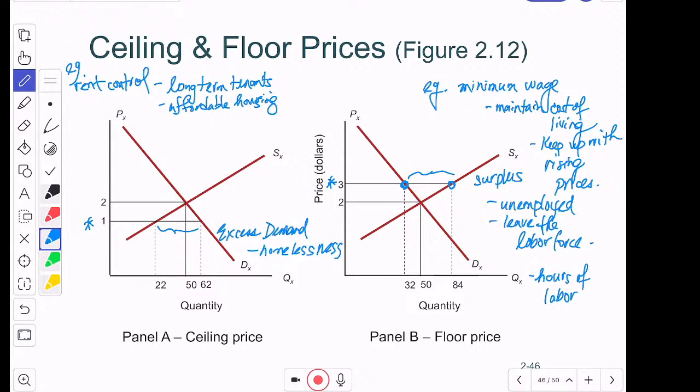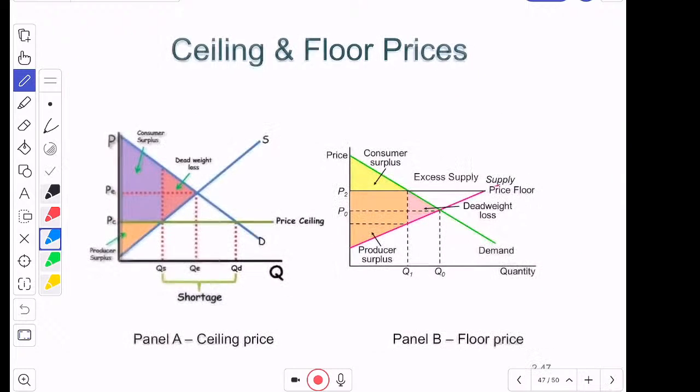And theoretically, we would see that as a deadweight loss. Okay, so society loses. The consumer surplus that is lost with a price ceiling is known as a deadweight loss.